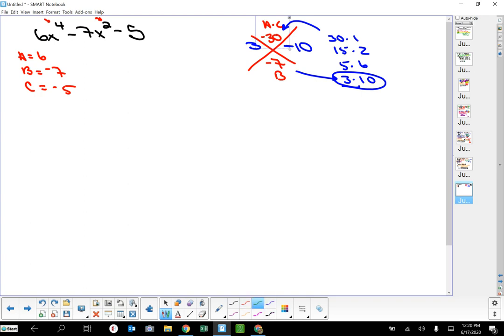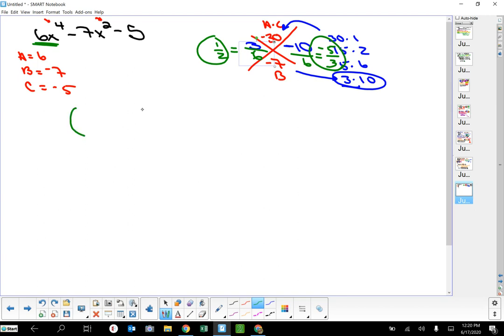Don't forget that you need to divide by the a term. So when I reduce on the left-hand side, 3/6 will become 1/2. And negative 10 over 6, a 2 goes into both of those, negative 5 over 3.